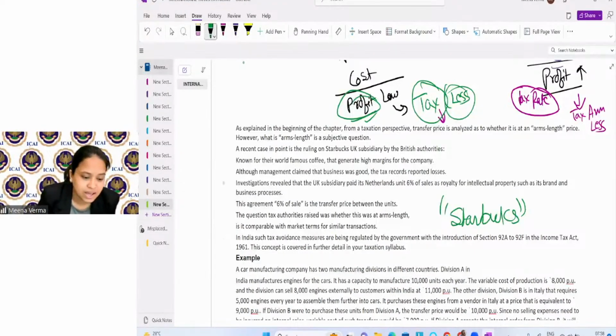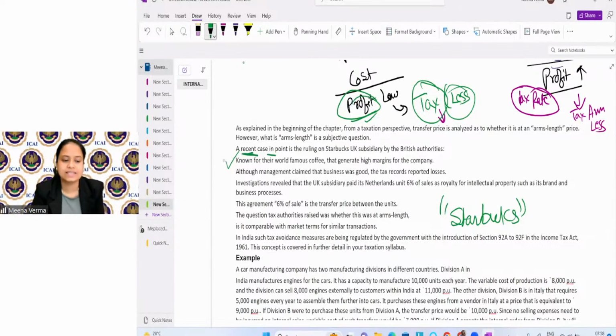Strategically, they are saving the tax. You can see here, we have an example. See, it is given here.